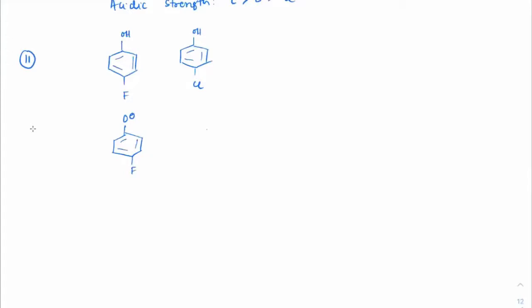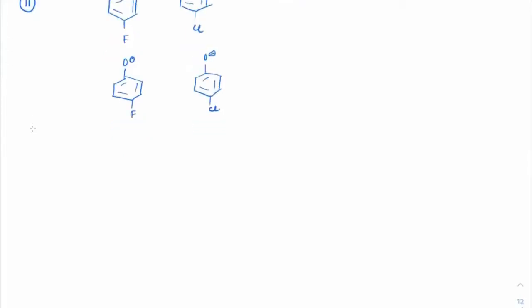These are the conjugate bases. When you write the canonicals, at one particular instance we get a canonical where the negative sign is here and it is coming close to fluorine this way, and the negative sign is here and it is with chlorine.